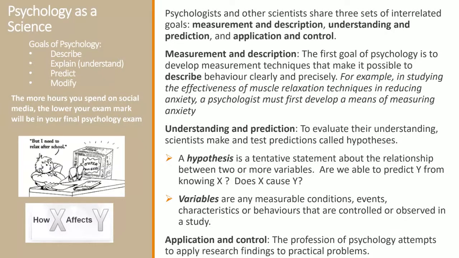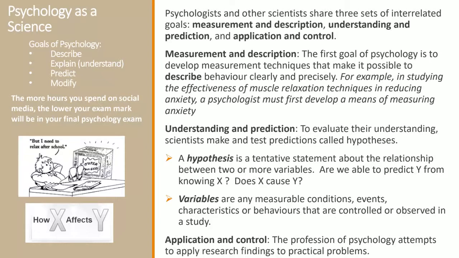So the first goal is measurement and description, and that's to develop techniques or measurement techniques that enable us to describe something. We can't just describe something out of thin air. We need to be able to understand what we are describing and how we measure it. So, for example, in studying the effectiveness of muscle relaxation techniques in reducing anxiety, a psychologist must first develop a means of measuring anxiety.